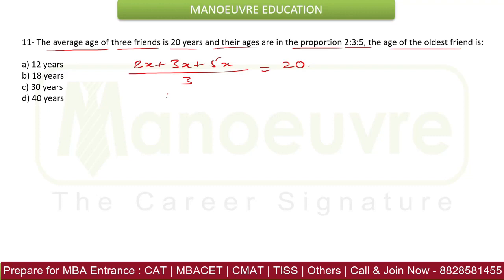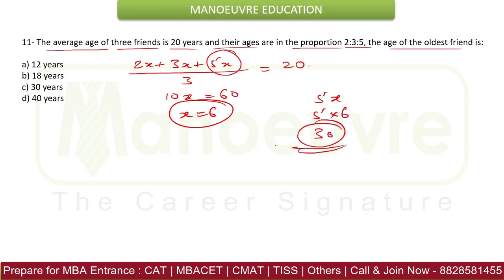So this will be 10x is equal to 60, so x will be equal to 6. So age of the oldest friend is 5x, that means 5 into 6, it will be 30. So 30 will be the answer over here, the age of the oldest friend.